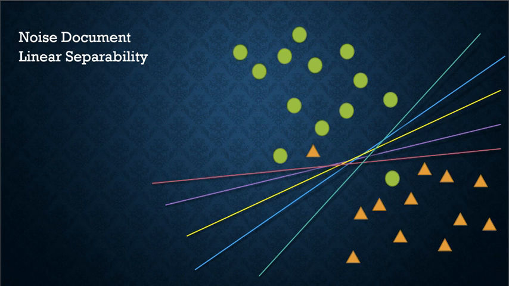Here comes another challenge in training a linear classifier. If we are dealing with a linearly separable problem, then we need a criterion for selecting among all decision hyperplanes that perfectly separate the training data. In general, some of these hyperplanes will do well on new data, some will not.